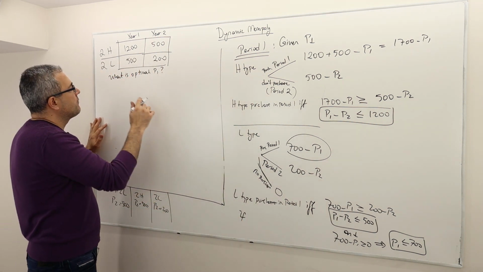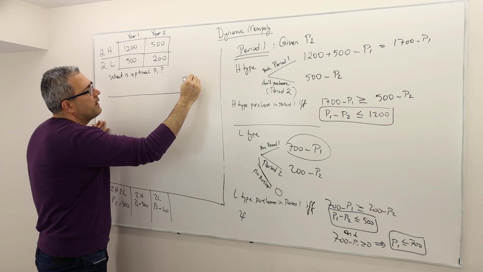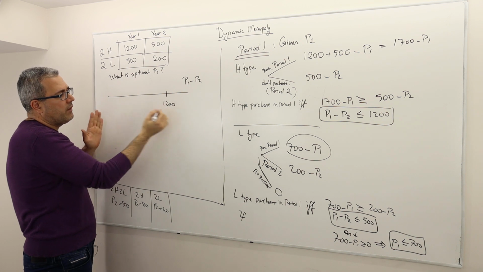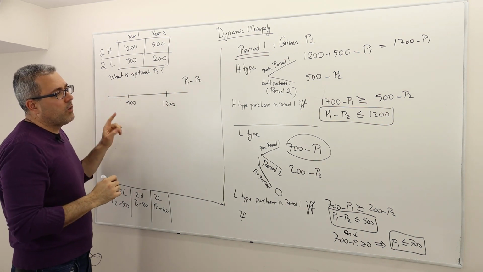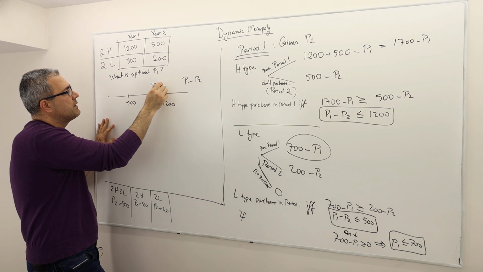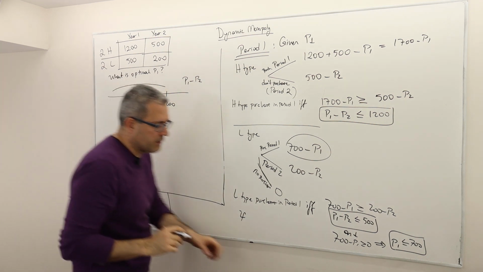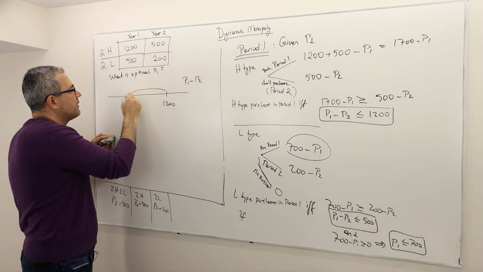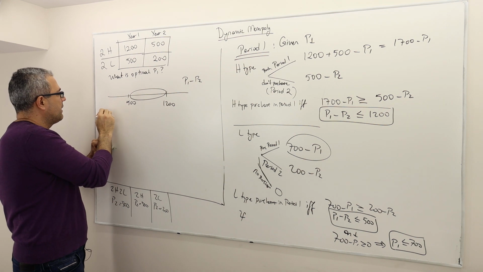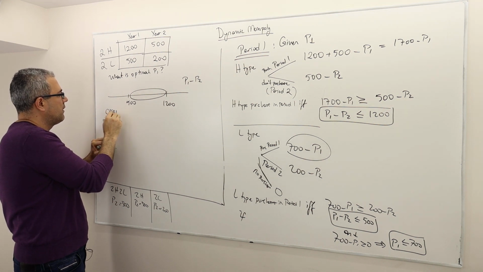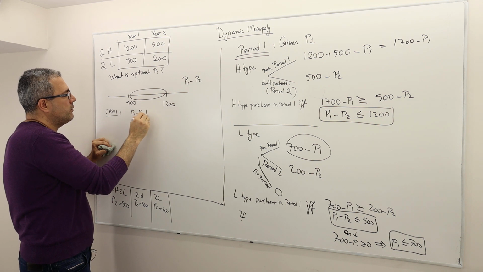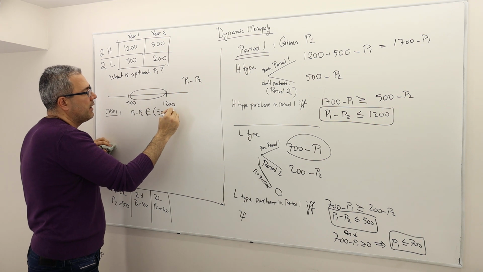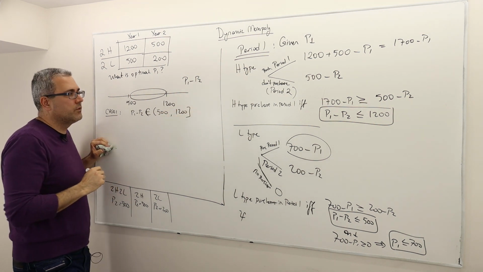But first, let's say my P1 minus P2 satisfies, it has 2 critical points, right? 1200 and 500. So what I know is that if P1 minus P2 is in this range, meaning case 1, P1 minus P2 is an element of 500, so higher than 500, but less than or equal to 1200.